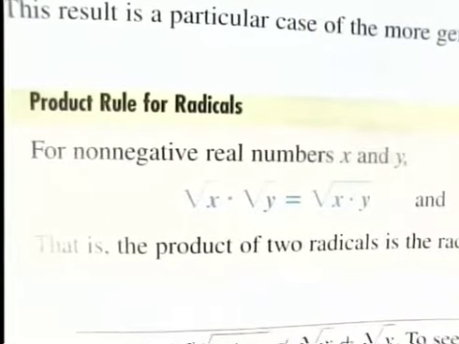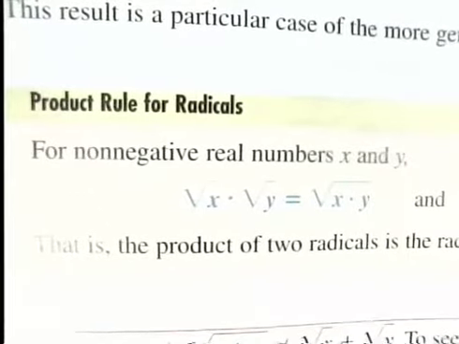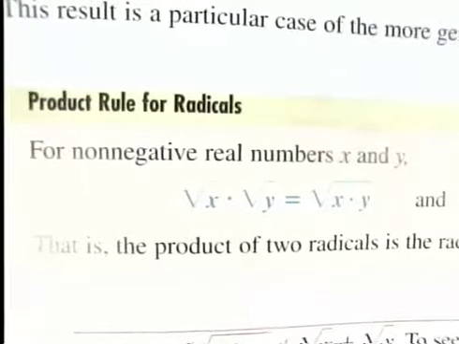On page 531, we have a product rule for radicals. Now note, we have to have x and y non-negative. But the point being, the square root of x times the square root of y is simply the square root of xy. Now the question is, how can you verbalize that?